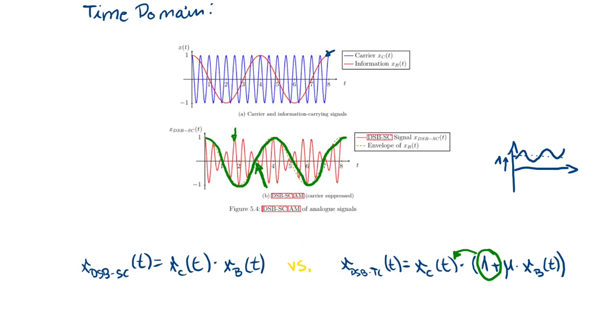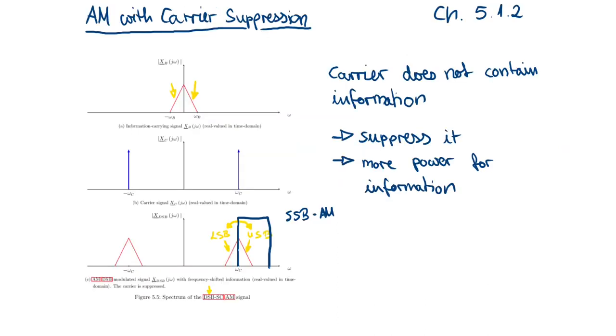But what remains is that the carrier and the information signals are multiplied, which leads to a convolution. This remains the same, and if we go back to the frequency domain representation, the signal here still looks the same, with the difference that the carrier is missing.